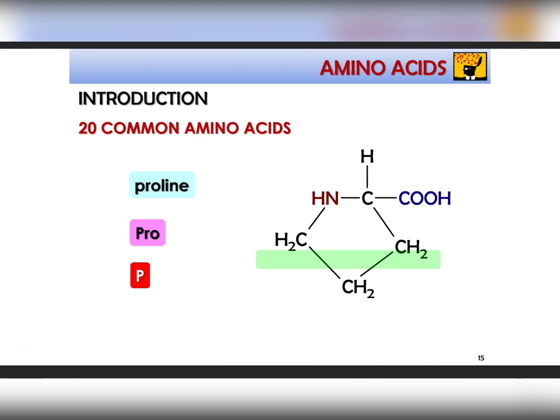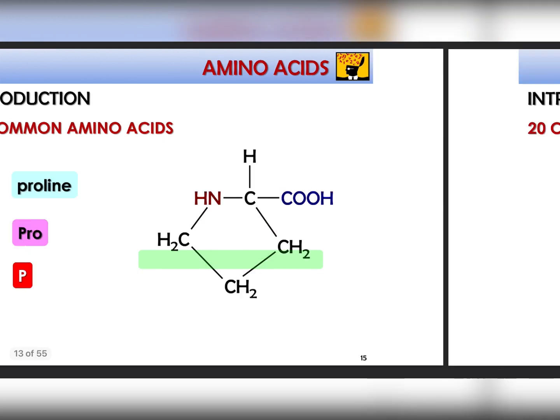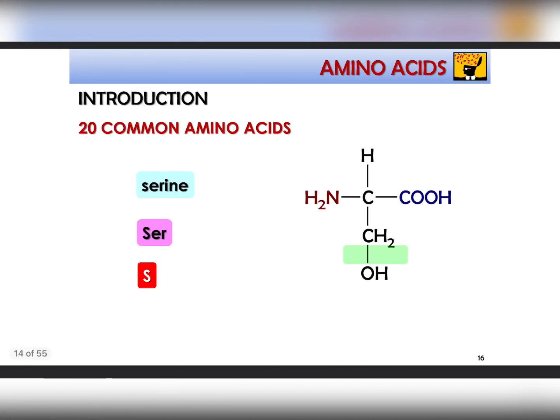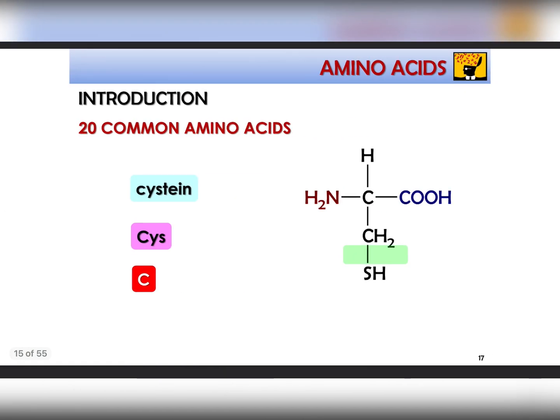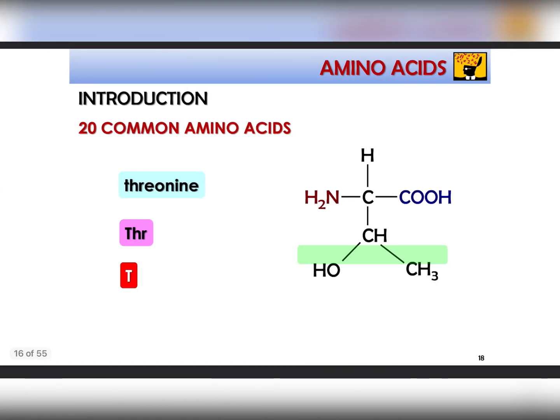So proline ni dia unik sikit because your side chain here, carbon bonded to this end. Okay, and then you have serine. Serine ni pun antara famous jugalah because it's just a simple amino acid. And then you have cysteine. Next you have threonine.